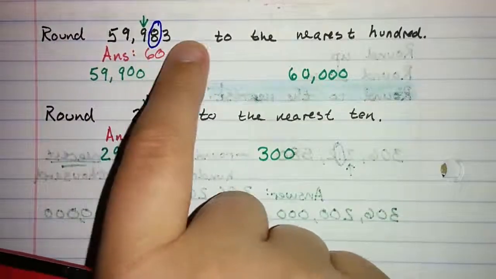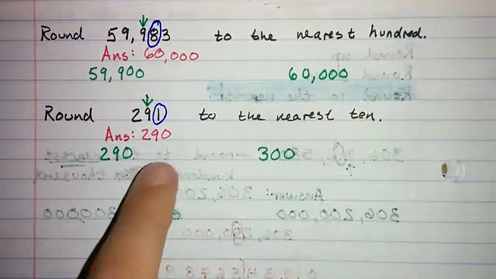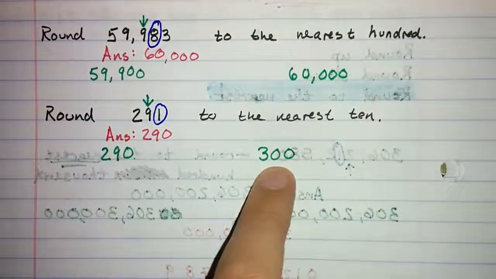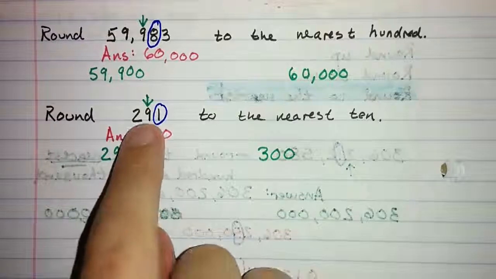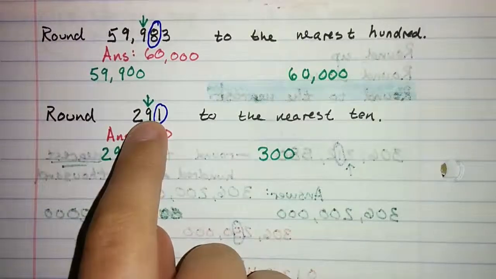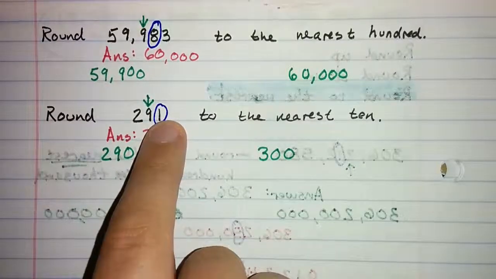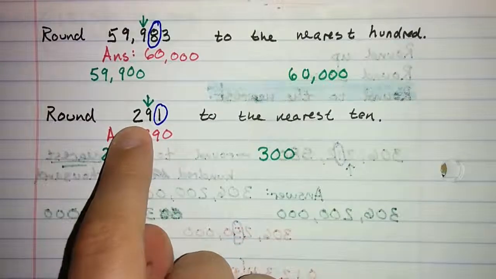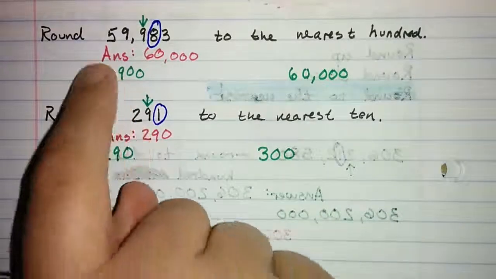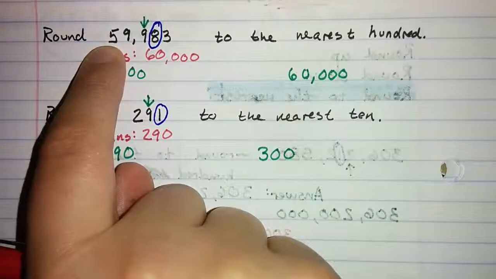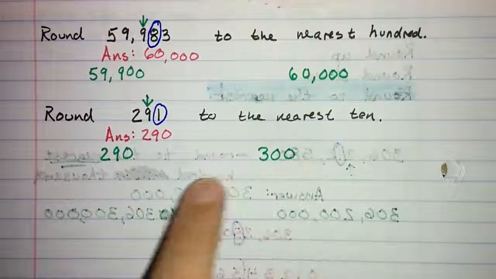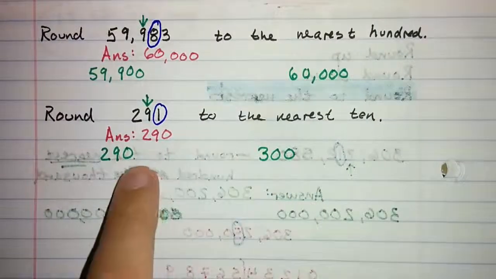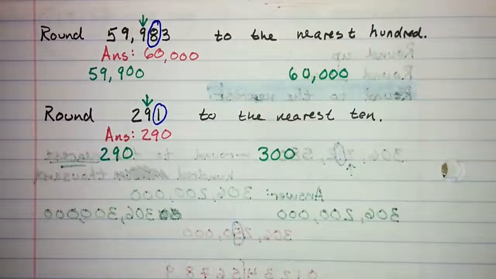To the right of the named place, our answer is going to be all zeros. So, all of the action happens looking at this place and the place right after it. This digit, never going to affect which way you round. This digit, never going to affect which way you round. You also want to make sure that in your answer, you always have all zeros after whatever place we've named.